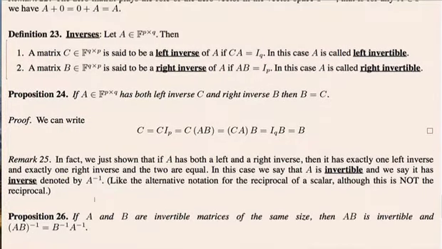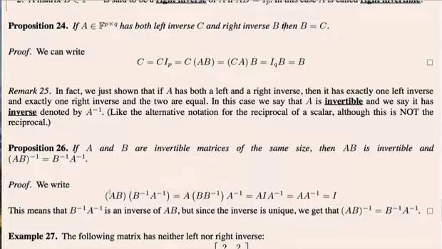Then we also have for the inverse that if A and B are both invertible matrices of the same size, then the product A times B is also invertible. And the inverse of the product is the product of the inverses, but again you have to change the order, like for the transpose. Also for the inverse, (AB) inverse is B inverse A inverse.